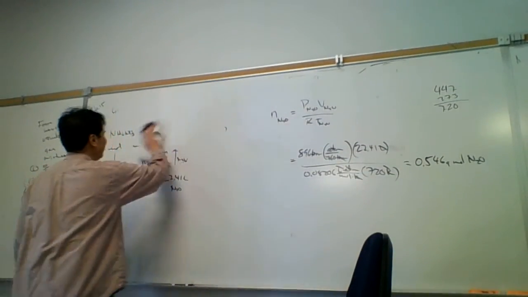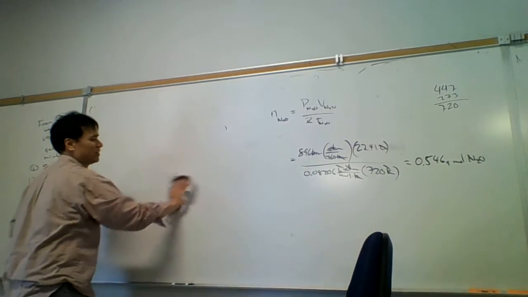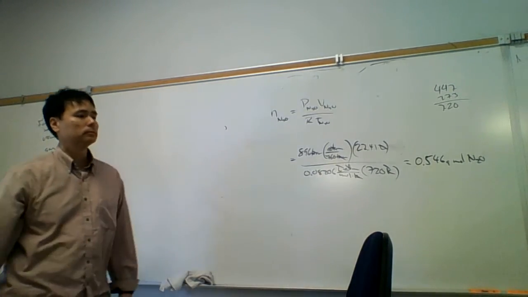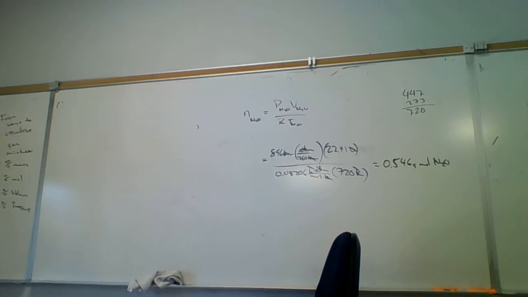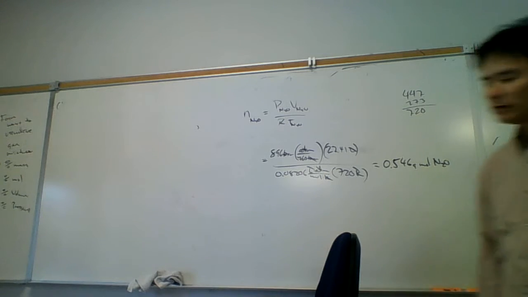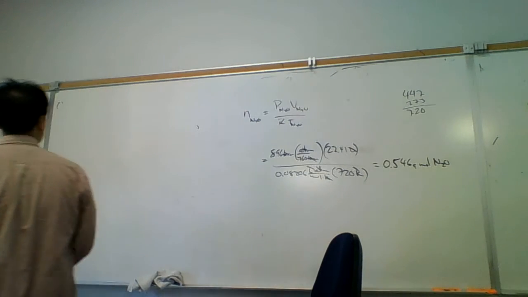If I open the valve, then the volume changes. Originally, with the valve closed, the green gas is confined to 1 liter, but if I open this valve, then the green gas can spread out over 2 liters. The same thing with the red gas, it can spread out over 2 liters. So essentially the volume is doubled. If I double the volume, that's going to change the pressure.